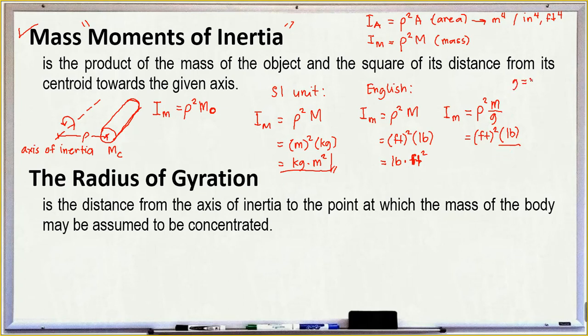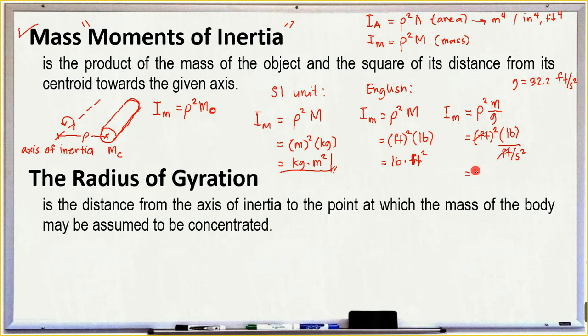g is equivalent to 32.2 feet per second square. So we have here feet per second square. So there are two feet on top and one foot below, so cancel.